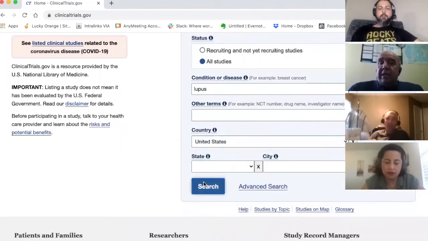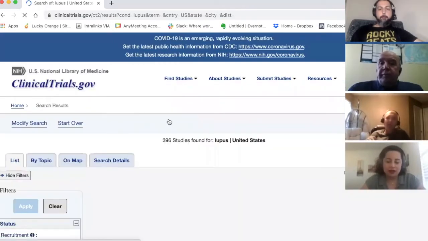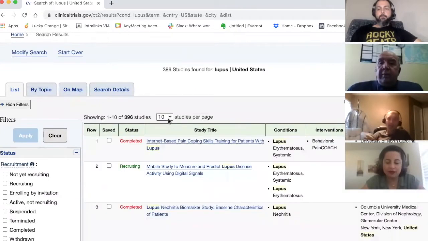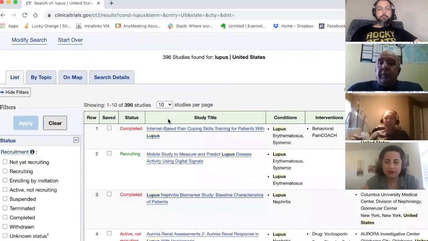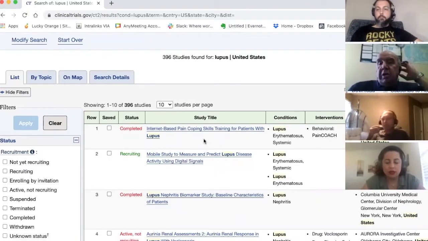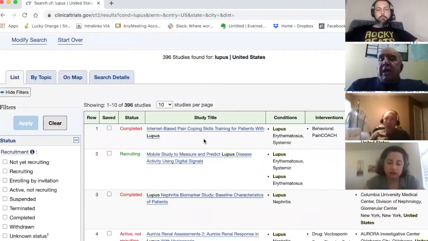So let's do lupus. I'm on clinicaltrials.gov. Well, believe it or not, Dr. Al, for most schizophrenia studies, they are consenting themselves. Alzheimer's, that's not the case, but schizophrenia, most studies, they are. It depends on their condition. Sure. I'm not a psychiatrist, so I don't know exactly how it goes.